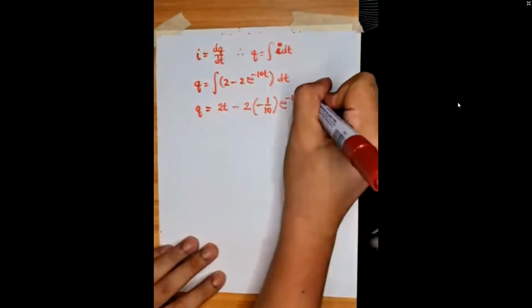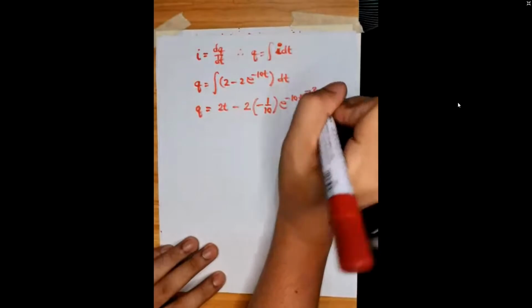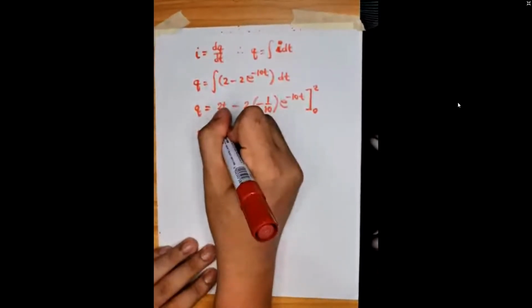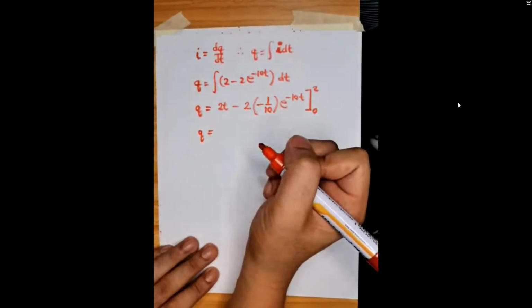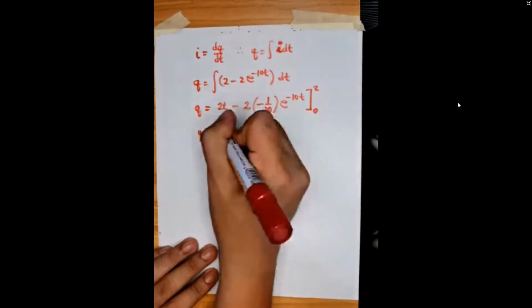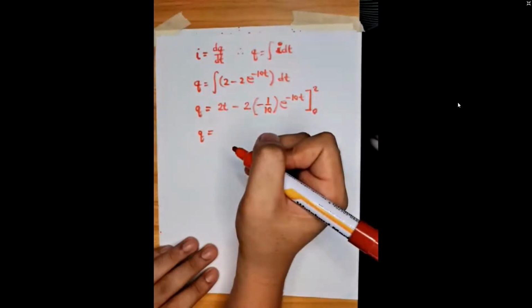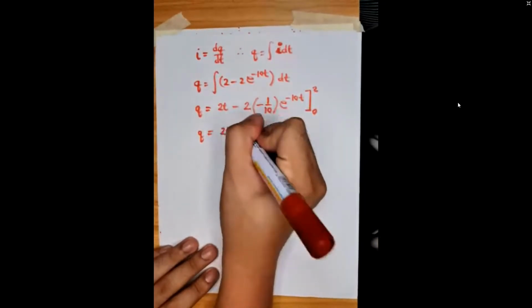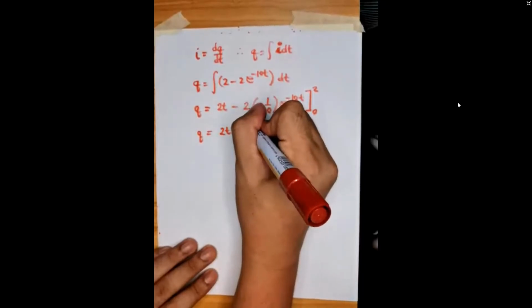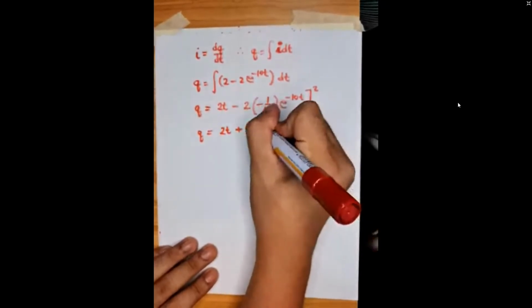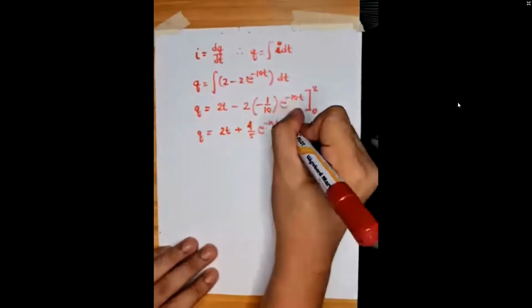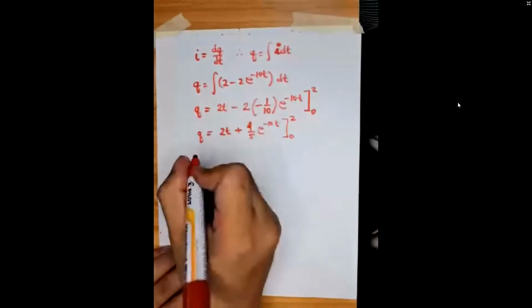Okay, from 0 to 2. So that's equal to 2t plus 1 over 5 times e raised to negative 10t. Okay, so I apply the limits from 0 to 2. So what is Q?